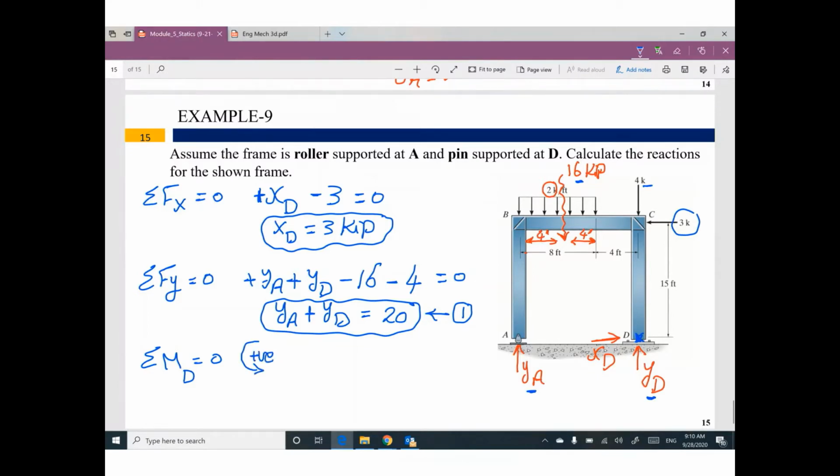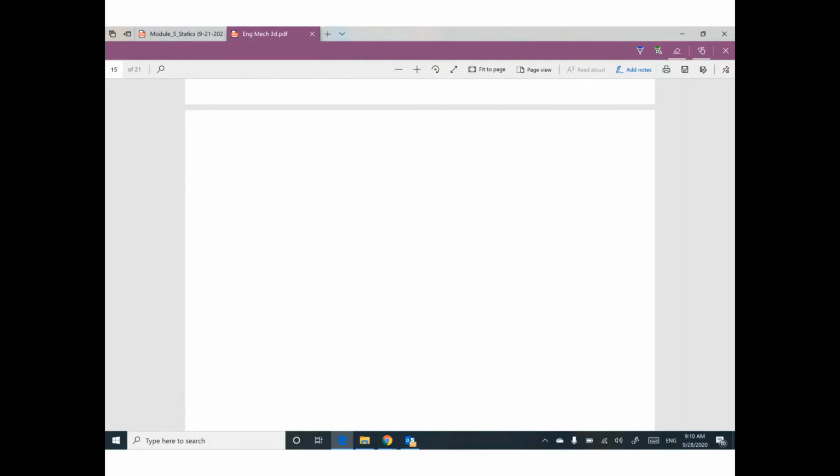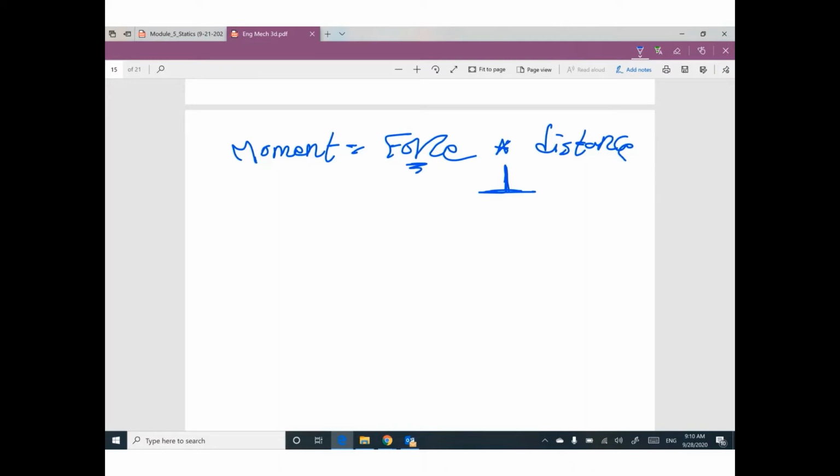Any other direction will be negative. Just to remind you, guys, moment equal force times distance. Your force and your distance must be perpendicular. Any force need distance to make moment.